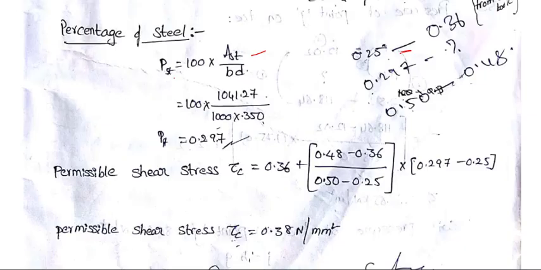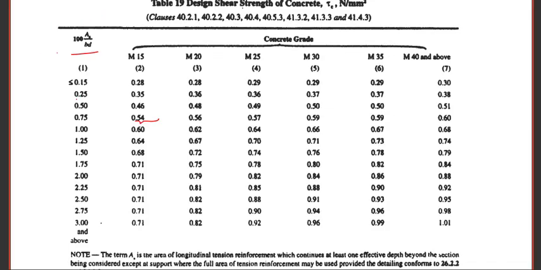What is the value? 0.297. So the 0.297 means it is lying between 0.25 and 0.5. This value is between 0.25 to 0.5. So 0.297.